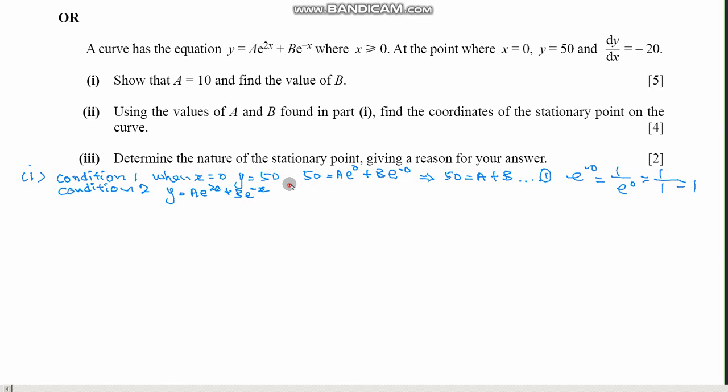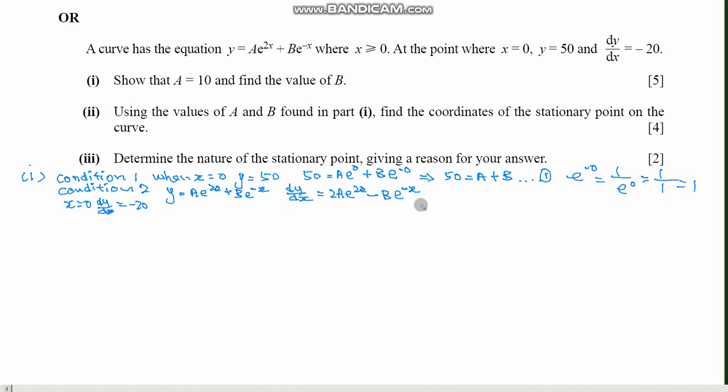If you differentiate it, dy/dx, you have 2a e^2x minus b e^minus x. Now let's take the second condition, which is when x equals 0, dy/dx equals minus 20.